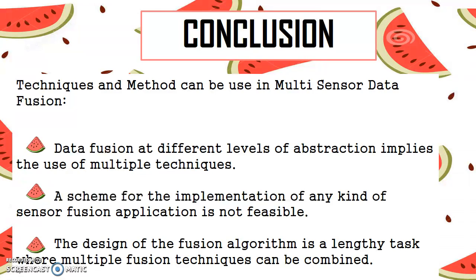Hence, a view of the different approaches, theories, and implementations in the issue of sensor fusion can be presented, intending to be useful as a collection of different ideas that should be combined in the implementation of a real fusion system.